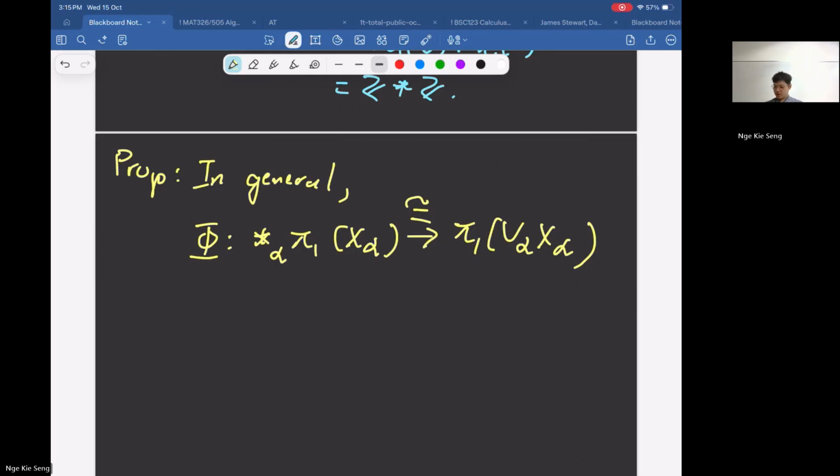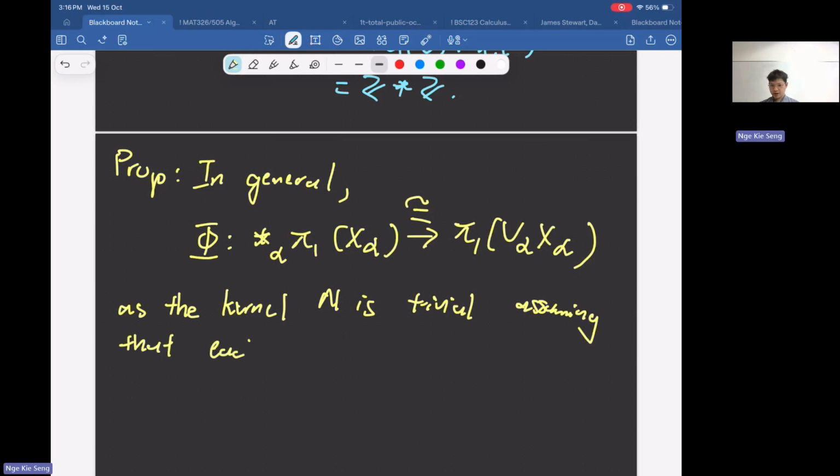Okay, so why? As the kernel N is trivial, assuming that each x alpha is path connected.